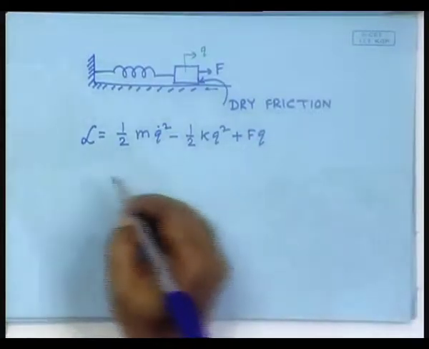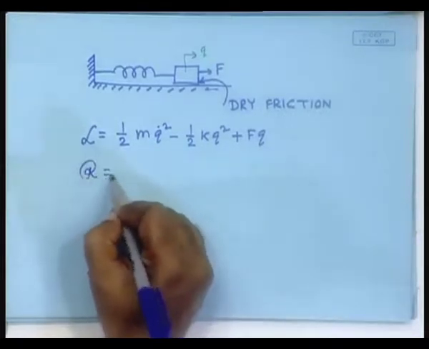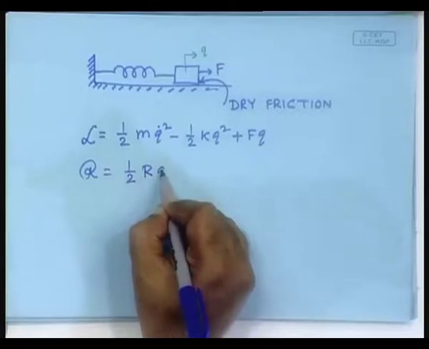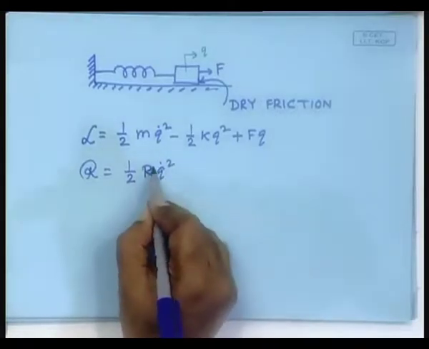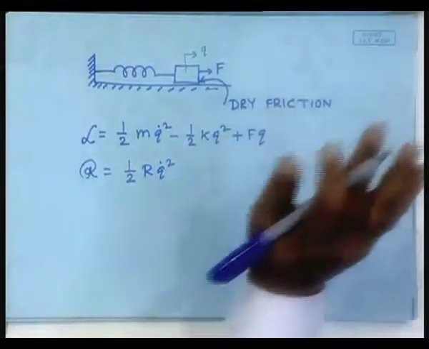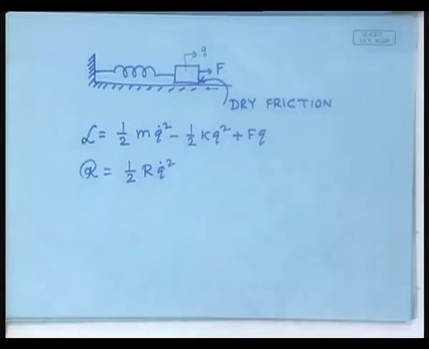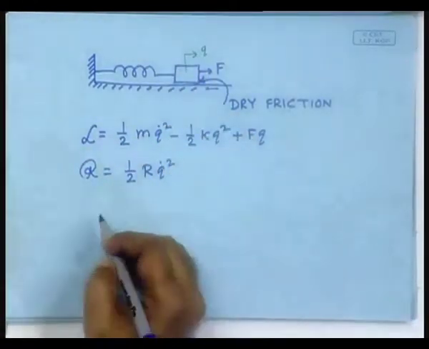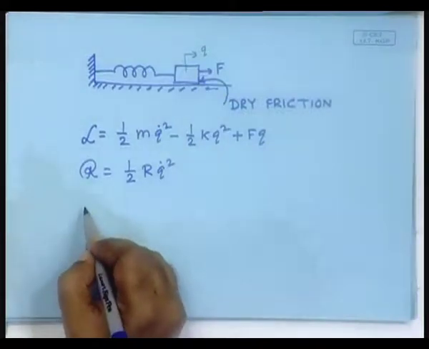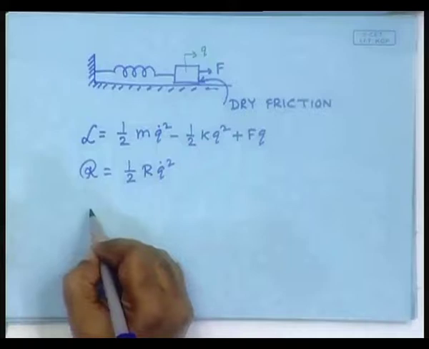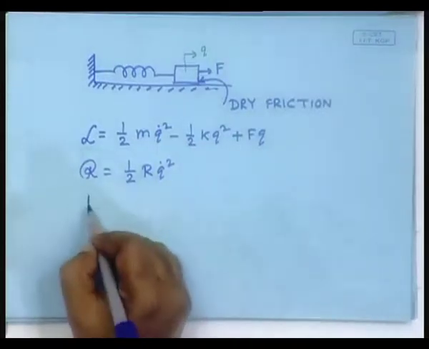And the Rayleigh function will be half r q dot square, and notice that here we are assuming initially that r is some number, and accordingly we are proceeding to derive the equations. There is only one state variable q, therefore, we can write just one equation. So I am writing the equation directly.